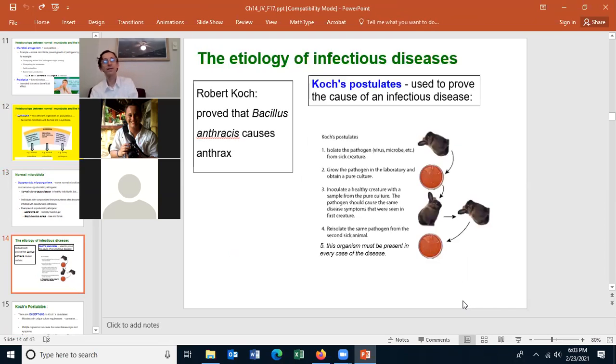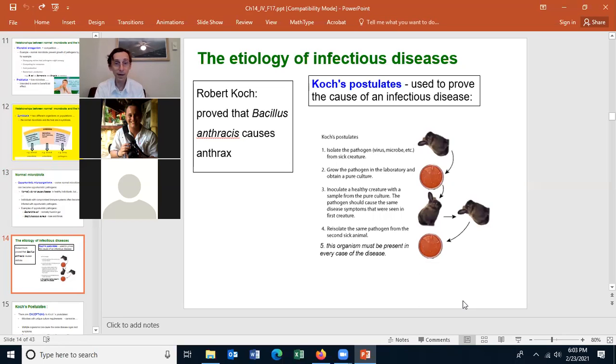If not, let's change gear a little bit and revisit Koch's postulates. And this is talking about the etiology, the cause of disease, the cause of infectious diseases. Remember, infectious diseases are caused by microorganisms, and that is why they are infectious.